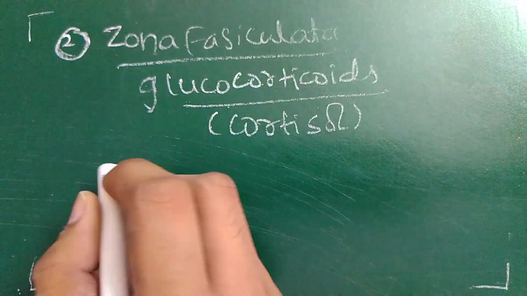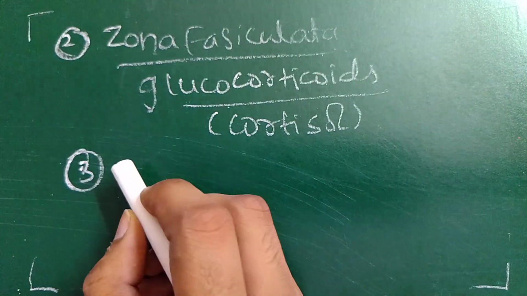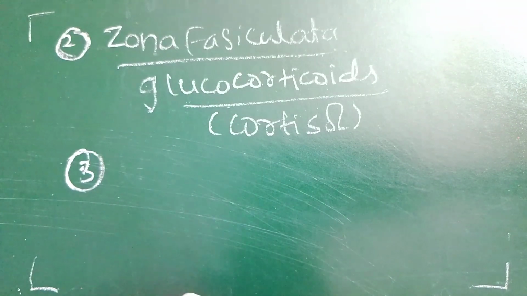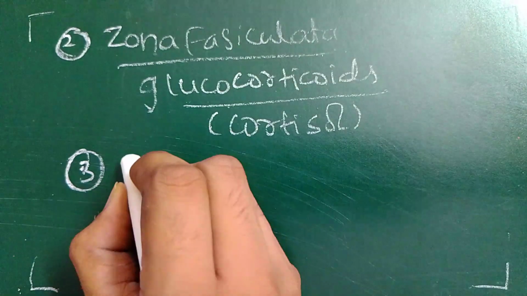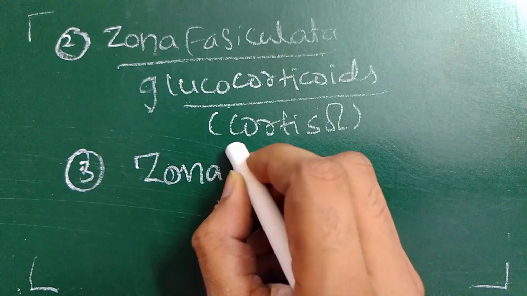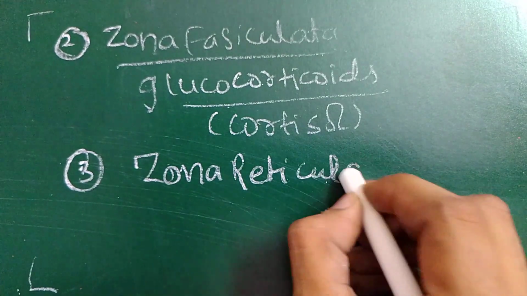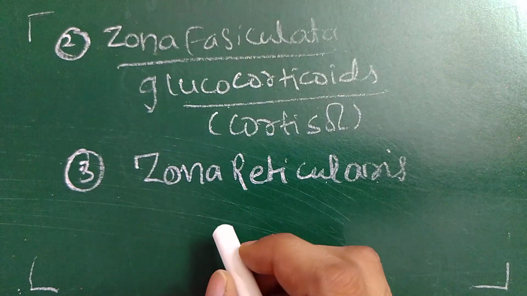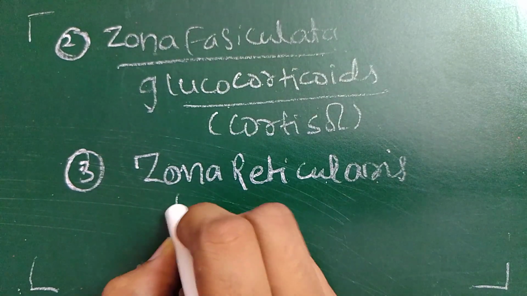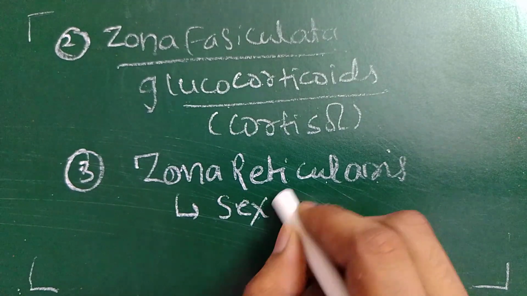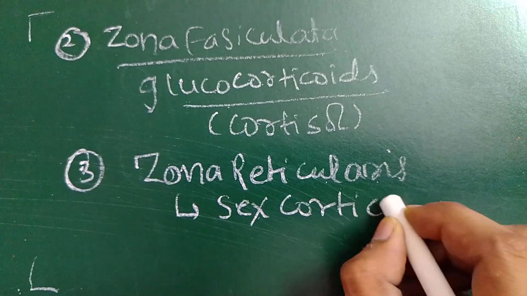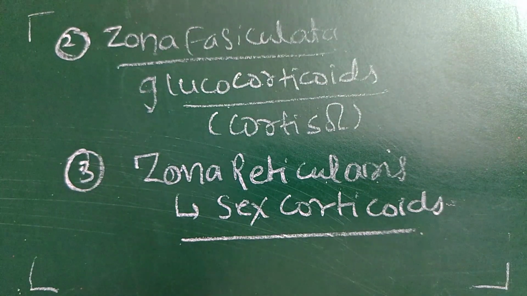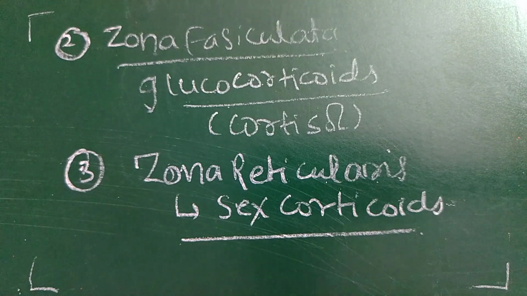Now next one, the third one, is zona reticularis, which secretes sex corticoids. We have discussed the diagram of this.